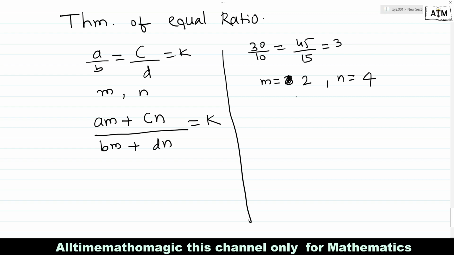I did not select 3 because the result is 3, so it would confuse you. I can select 3 also, but to make you understand, I selected M equals 2 and N equals 4. Now I multiply 30 by 2 and 45 by 4 upon 10 multiplied by 2 and 15 multiplied by 4. What is the result?